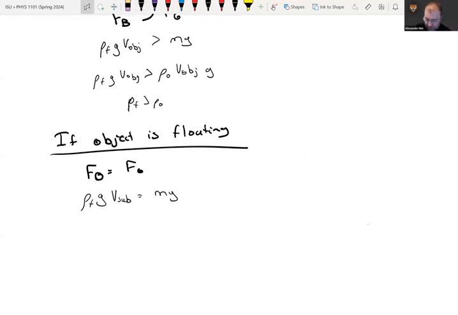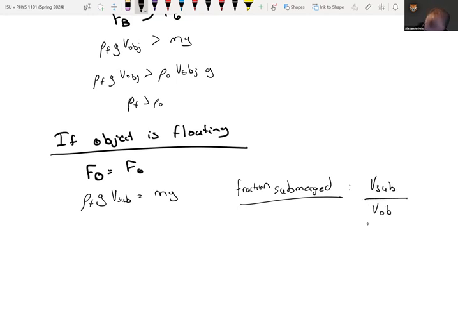In that case, one of the things that comes up here is the percent submerged. I'm going to do this as a decimal; we could actually talk about the fraction submerged. This comes up in some of these questions. That's just equal to V submerged divided by the volume of the object.